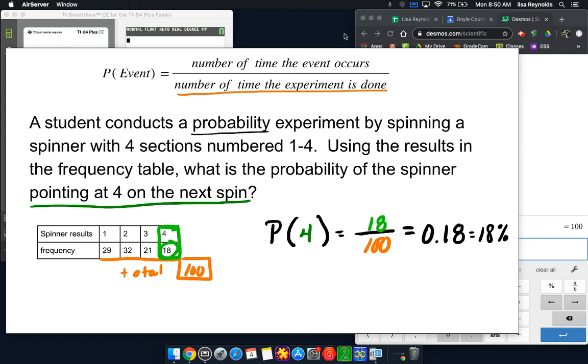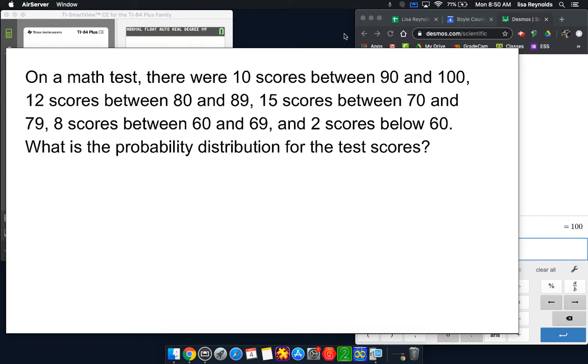Okay, our next problem. On a math test, there were 10 scores between 90 and 100, 12 scores between 80 and 89, 15 scores between 70 and 79, and 8 scores between 60 and 69, and 2 below 60. We're going to get a probability distribution. So we're going to make a table for this.